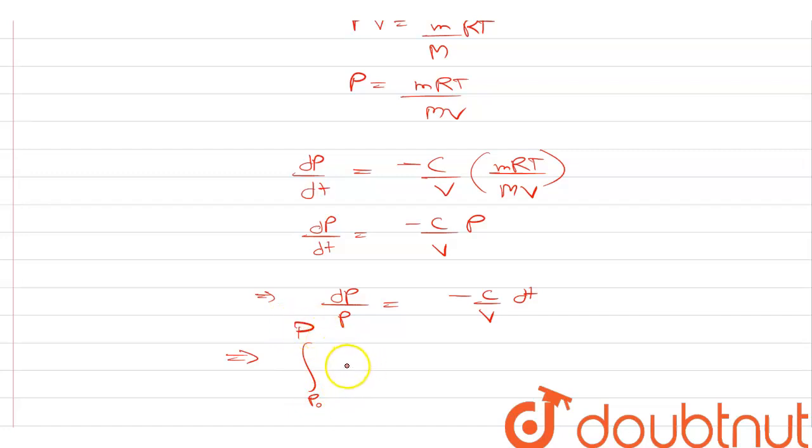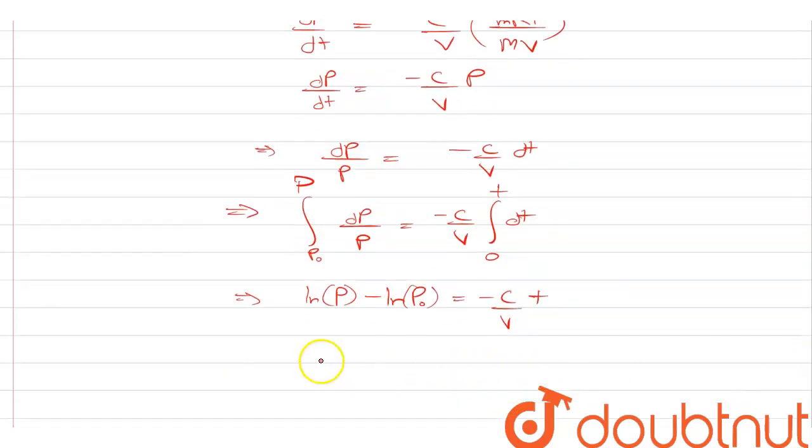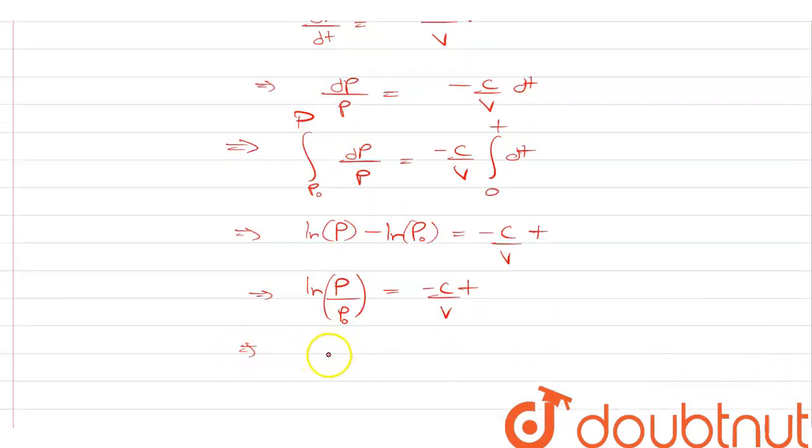So integrating from P naught to capital P, dP by P is equal to minus C by V, because these are constants, integration from 0 to T of dt, which gives us ln P minus ln P naught is equal to minus C by V T, which gives us ln P by P naught, using the property of log, equal to minus C by V times T.